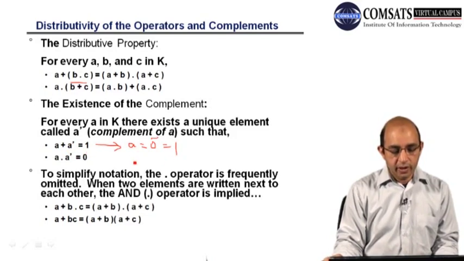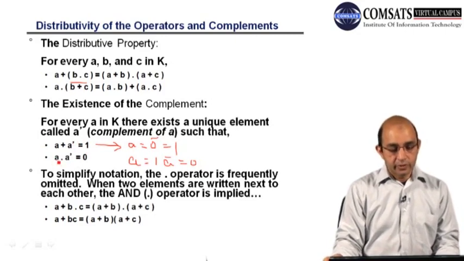If we take A as 1, right, so we have a 1 over here, and then A bar will be 0. So 1 plus 0 is 1, right?